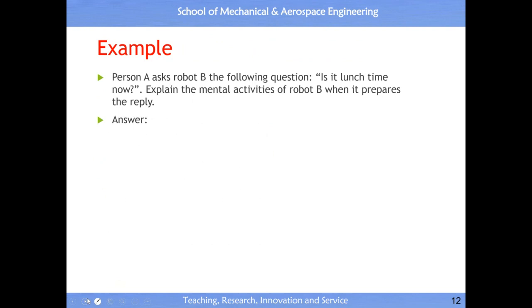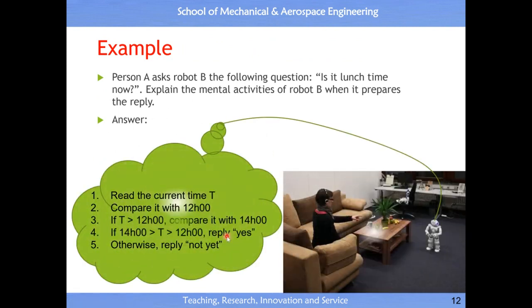Now look at this scenario. Okay, what happens in future? We may have a co-worker, which is called a robot. In future, that means robots may enter into our existence, and the robot may coexist with human beings. Then we may have this scenario, that the person can instruct the robot to undertake a certain action, and then you will see when the robot's brain receives this instruction, a very simple one, is it lunchtime?